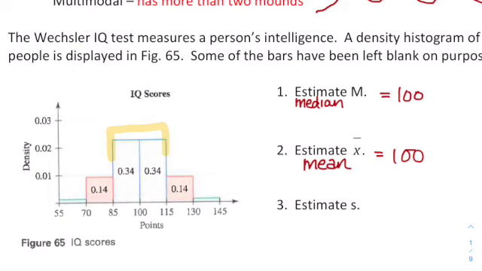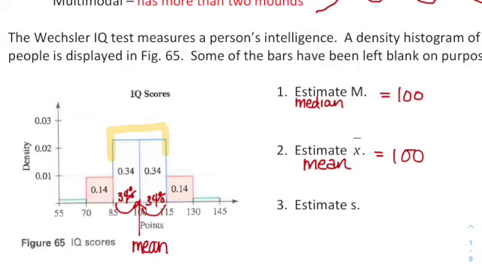Halfway, that tells you the 100 is the mean right here. That's your mean. And if that's your mean, this is 34%, 34%, and that's going to be your 68%. So therefore, that is your first standard deviation.